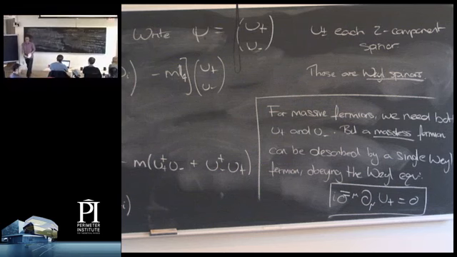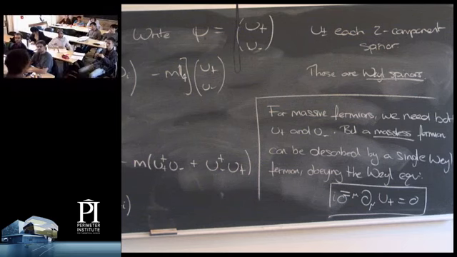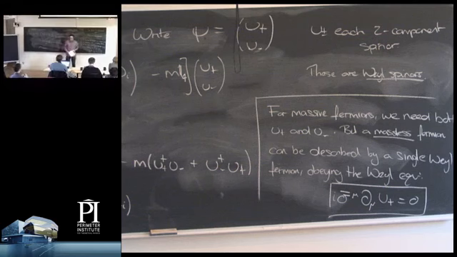Now that we're talking about interpretation, how do we interpret this U plus and this U minus? Physically, what's going on is probably best described in terms of particles instead of fields.